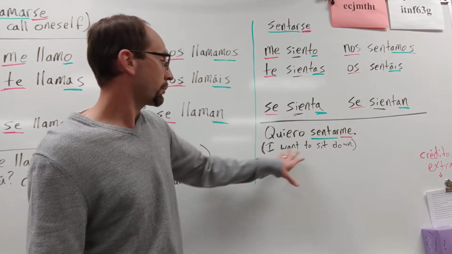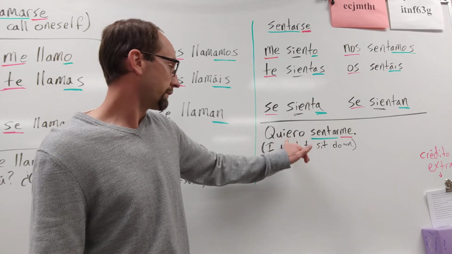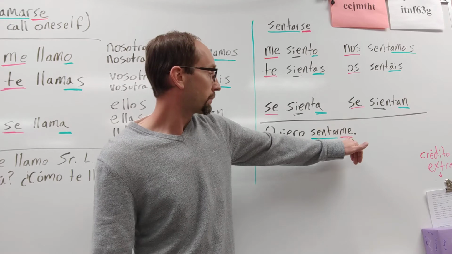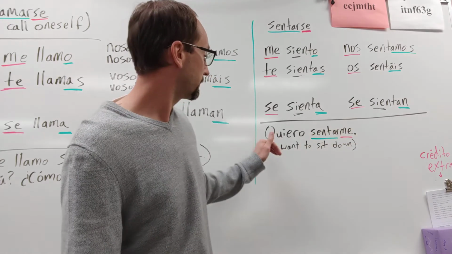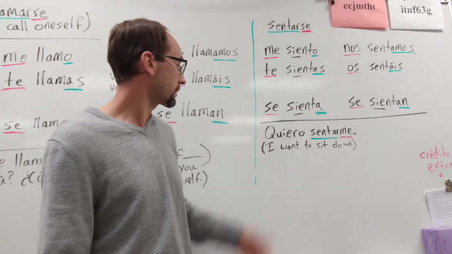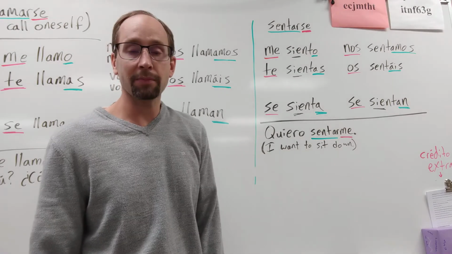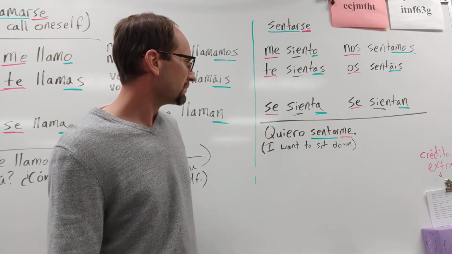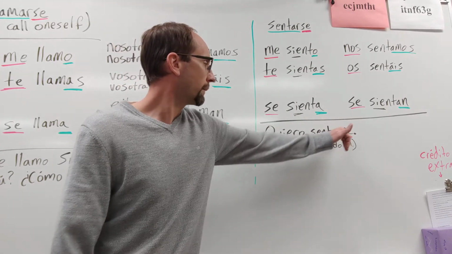And then an example that we can take a look at that involves first a conjugated verb, then an infinitive. Now for these ones, we're going to keep the pronoun at the end if we're doing an infinitive. Quiero sentarme, I want to sit down. So that's another thing to keep in mind. If I want to make something negative, I want to put no up in front of the verb. And then nothing can go between the pronoun.